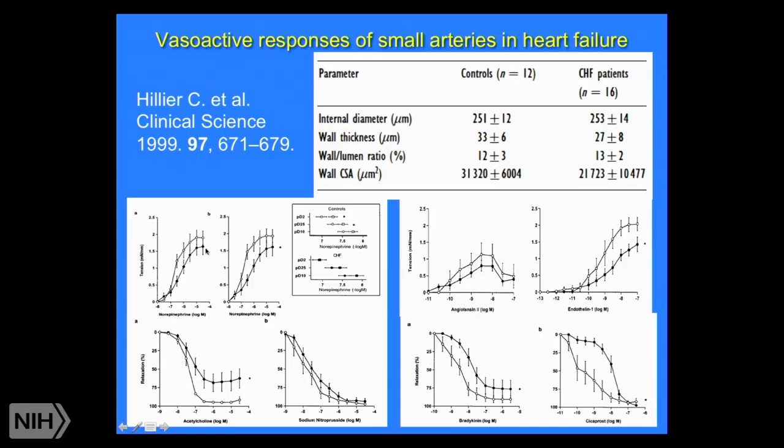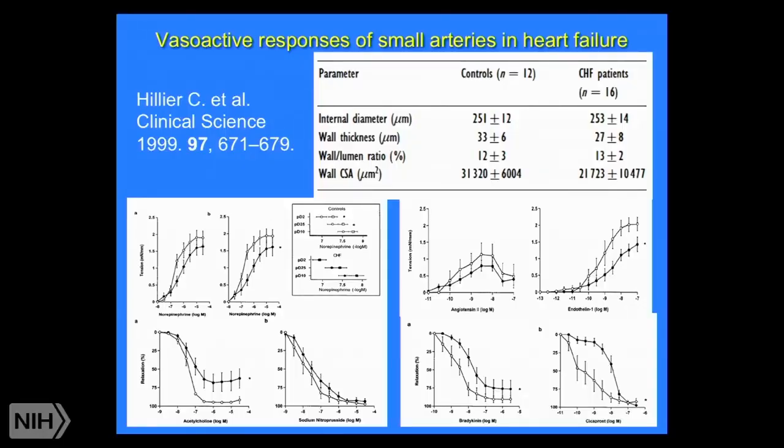And you can see here responses to different agents, norepinephrine, angiotensin, and also relaxation by acetylcholine and bradykinin. Essentially what they were able to find is impaired endothelial function and impaired contractility. So small arteries in individuals with heart failure are altered in the subcutaneous tissue.